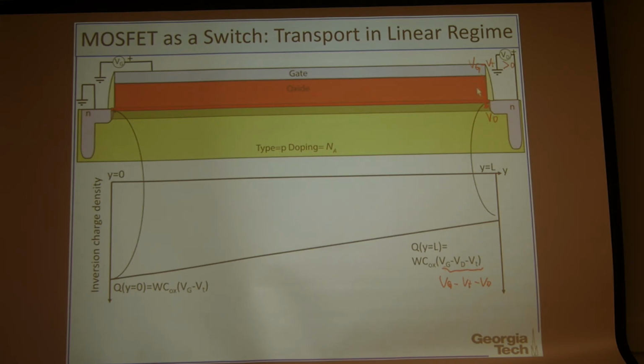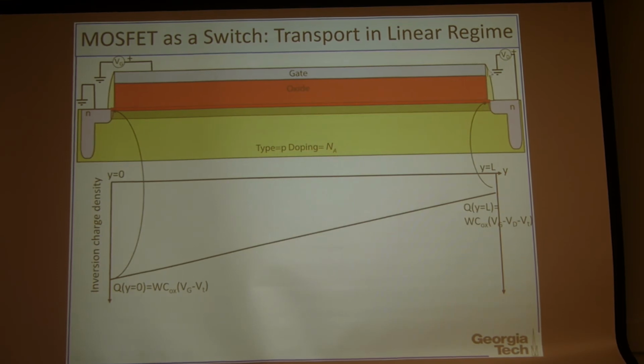So then the voltage difference is smaller, so the charge is smaller. So here you see that the charge becomes smaller when you have the Vd. And then next, when you further increase Vd, then you are going to reduce the charge further at the right boundary here.